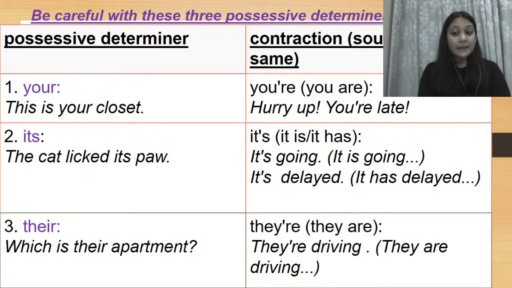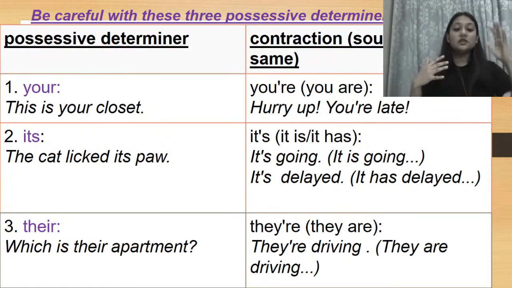Now, next example. When you are contracting it, when you're squeezing it, the other way is you are saying "you're," you are. There's a difference between these two. You just said "your," meaning you own it, you have a possession. And this is you apostrophe re, which basically means you are. Are we clear?